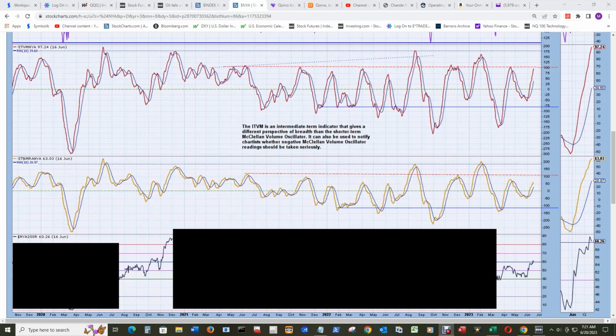So you can see it went up into the 50 to 60 range back here in 2021 and stayed in there for quite a while, which is a good sign as a pause that's building up momentum.